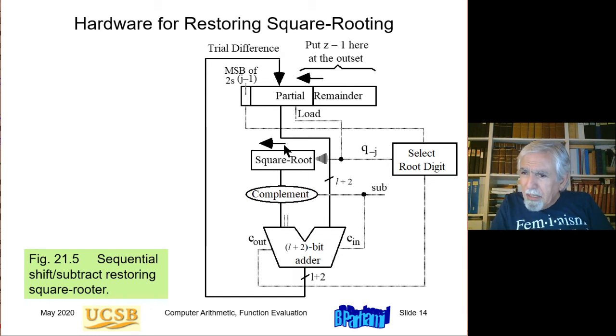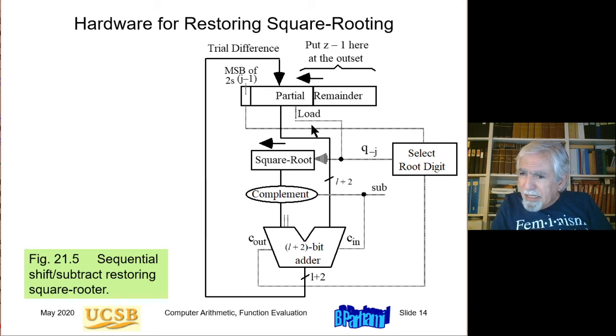So I do the trial subtraction, and then the sign of this trial subtraction, as well as this bit that was shifted. So if this bit is 1, just like division, then partial remainder is larger than the number I'm subtracting from it.